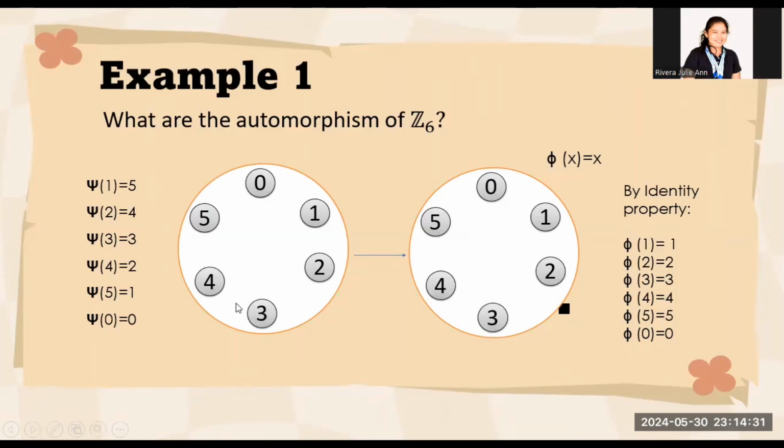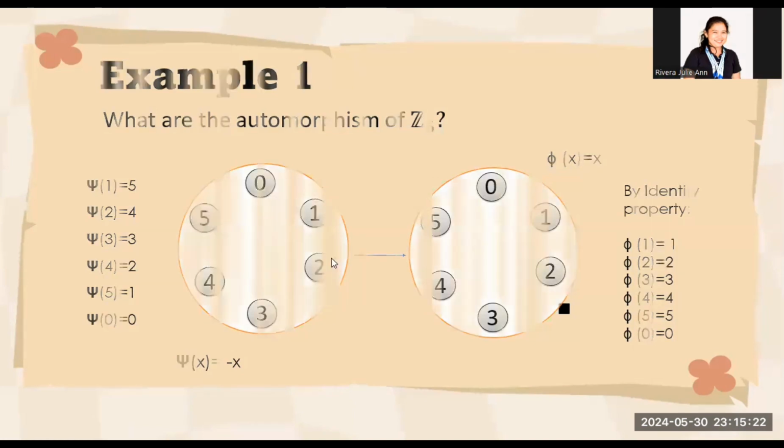Adding 1 gives 4, and subtracting 1 from 3 gives 2, so 4 maps to 2. Then adding 1 to 4 gives 5, and 2 minus 1 gives 1, so 5 maps to 1. Lastly, since it's mod 6, 0 also maps to 0. With that, we can say that the function f of x is equal to negative x, as we just add 1 on one side and subtract 1 on the other.